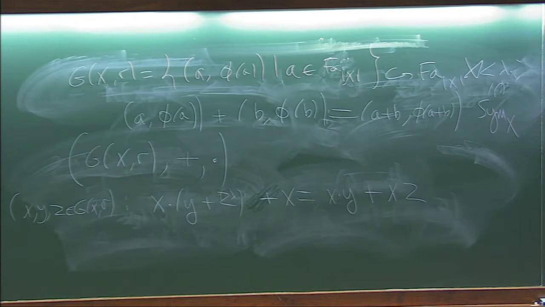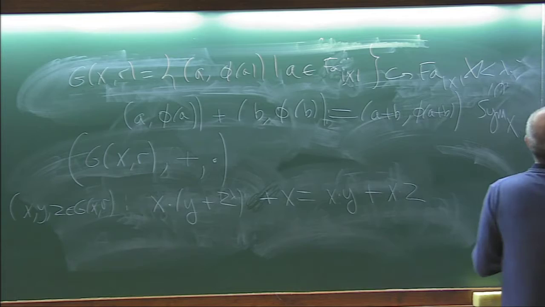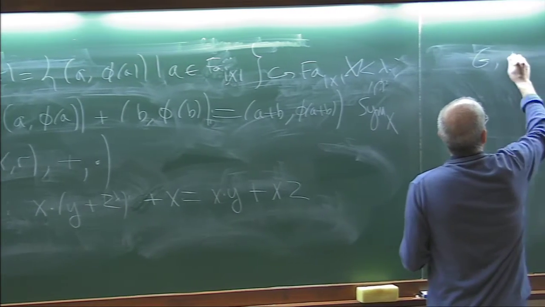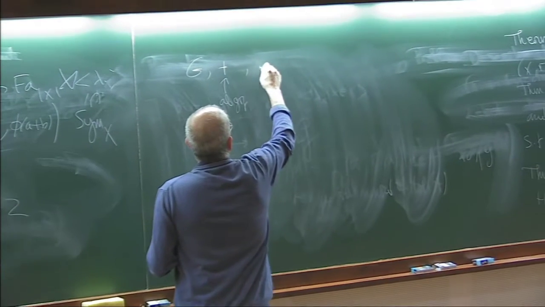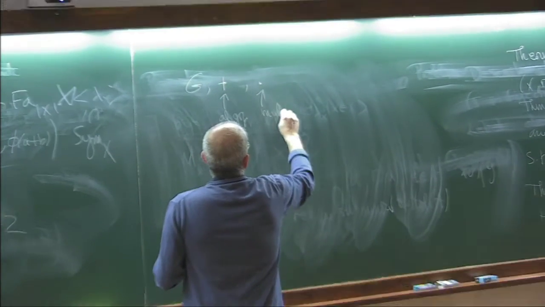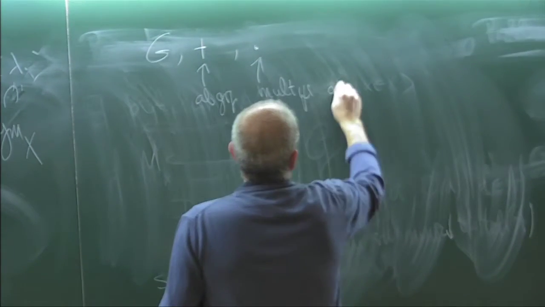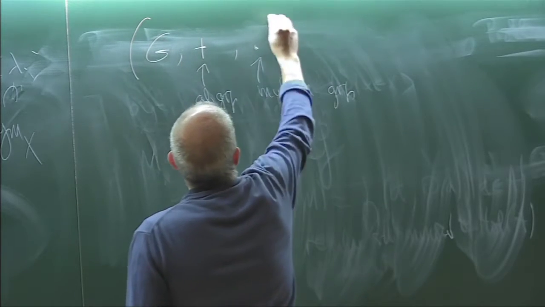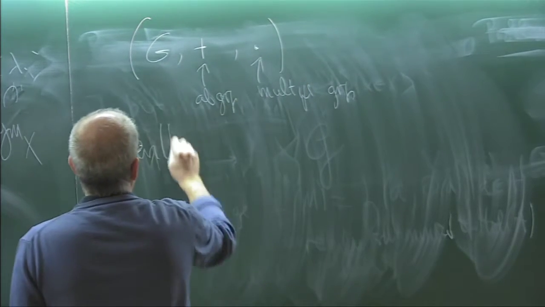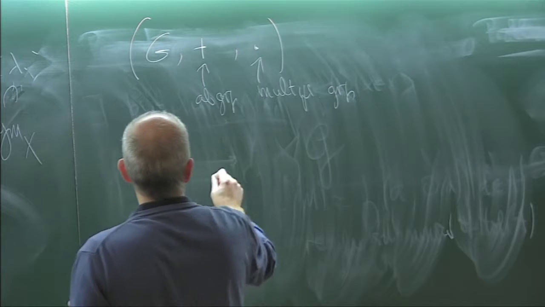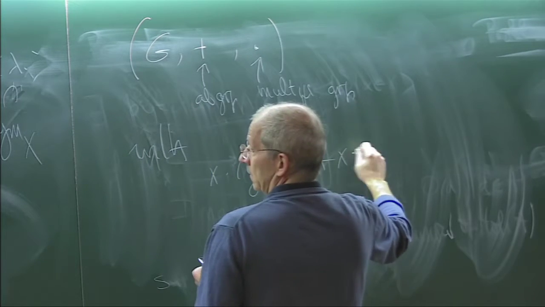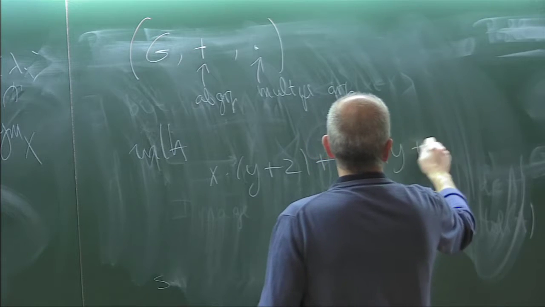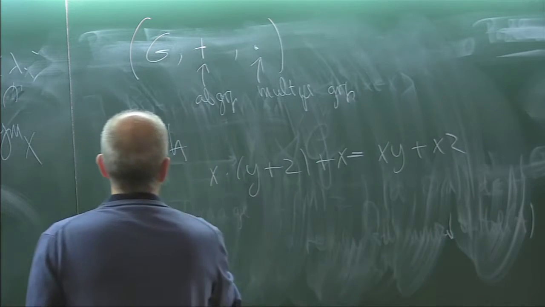So abstractly, I give you a group G with two operations. This is an abelian group, and I have a multiplicative group. With the following compatibility condition, exactly that condition. Then this is called a left brace.